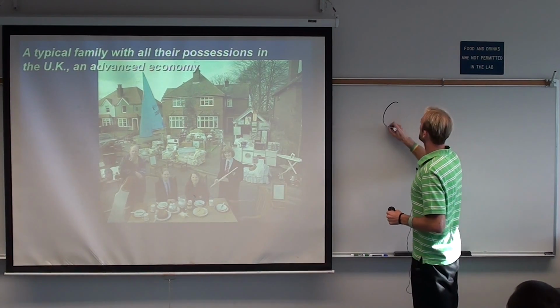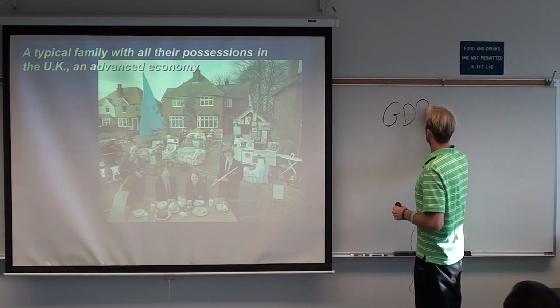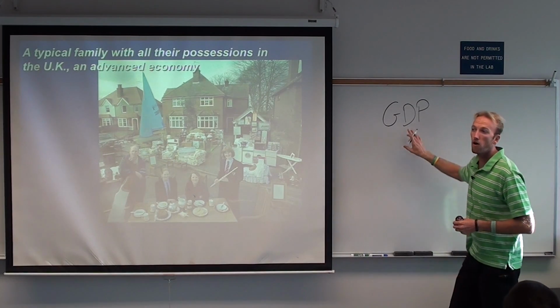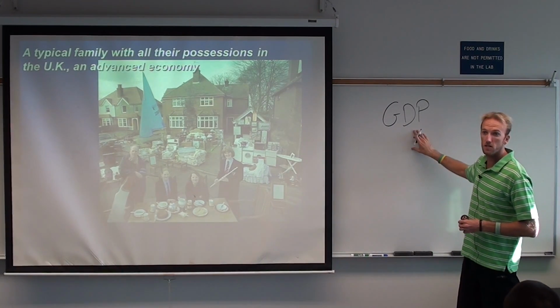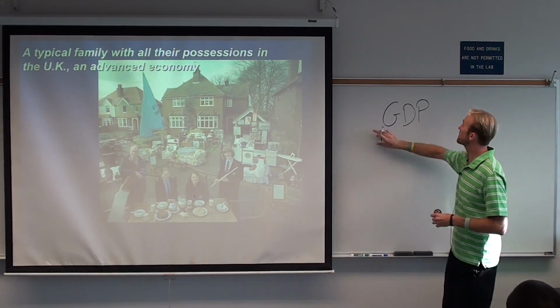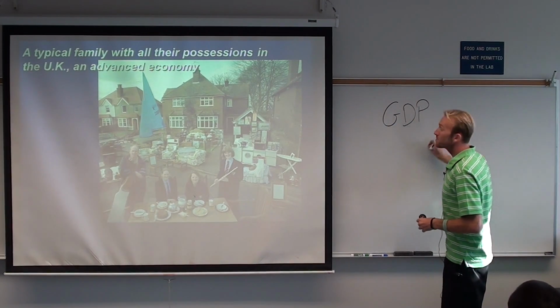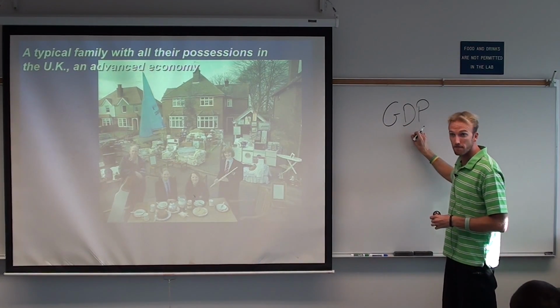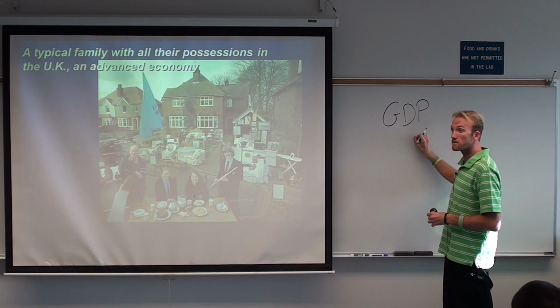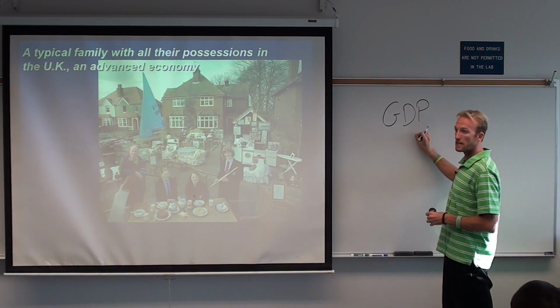Remember, GDP is the total market value of all goods and services produced in a country within a year, right? So this is the amount of product. Remember, GDP is a measure of stuff, always. Even though it's in a dollar value, it's a measure of stuff produced in a country in a year.